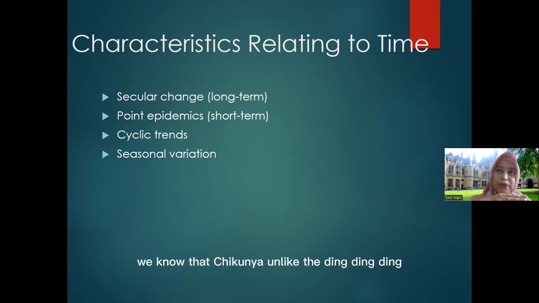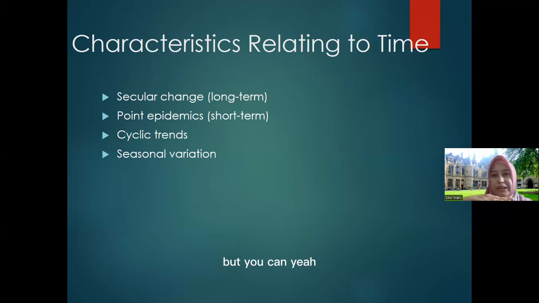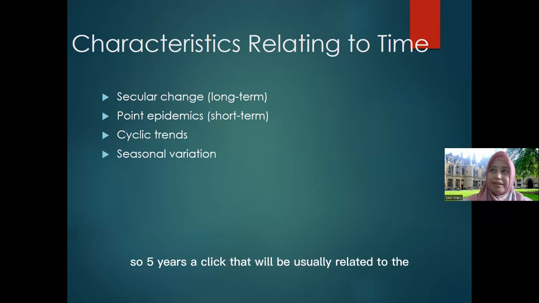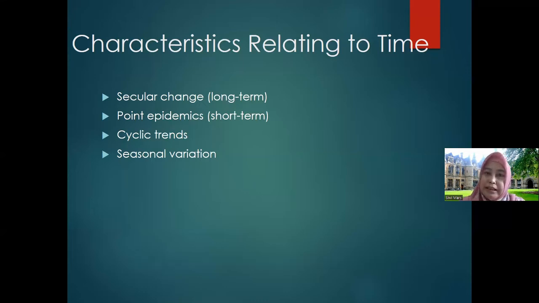We know that chikungunya, unlike dengue which is more regular and more endemic, gives the person longer immunity. So a 5-year cycle is usually related to the disease.